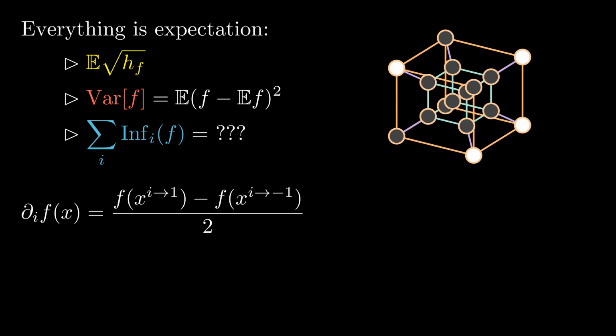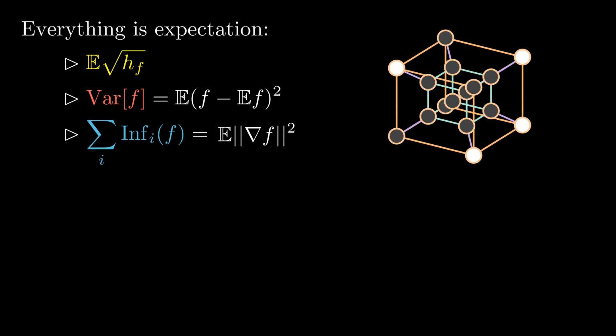This quantity can be either plus 1 or minus 1 if f's value changes, but is 0 if f of x doesn't change when flipping the ith bit. So the square of the derivative is 1 only when flipping the ith bit changes f's value. The total influence is then the expected sum of derivatives squared, or in other words, the expected squared magnitude of the gradient.